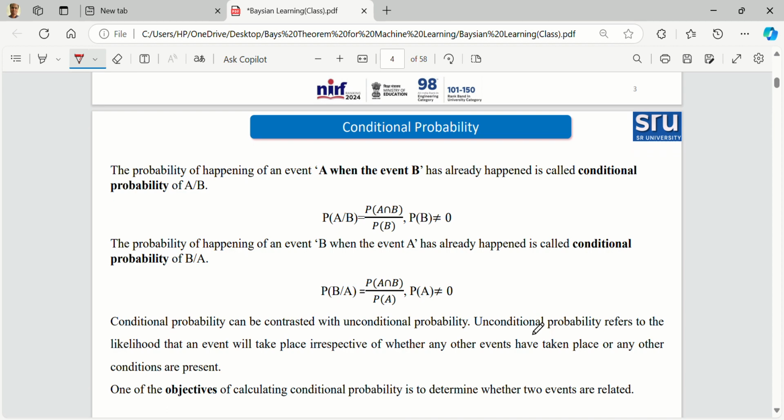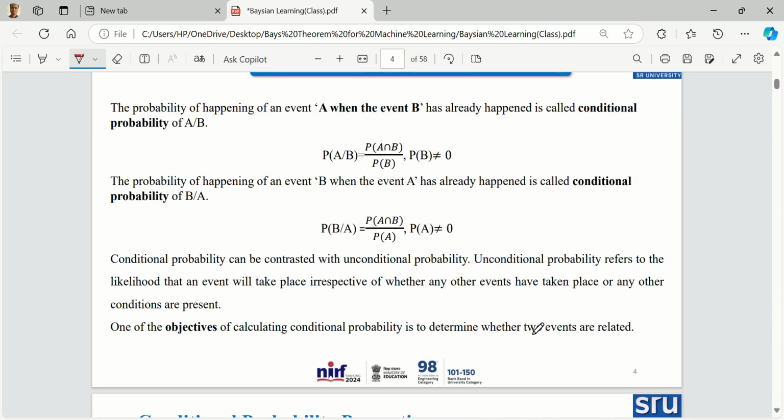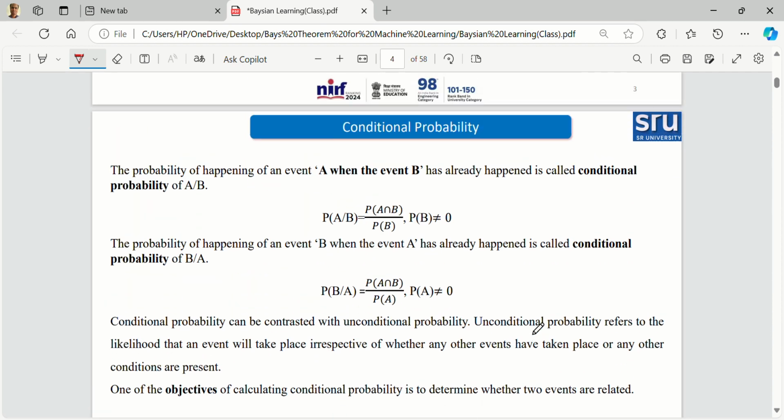Now conditional probability. In conditional probability, we have two events A and B, and generally they may be independent or dependent, but we are considering the dependent case here.